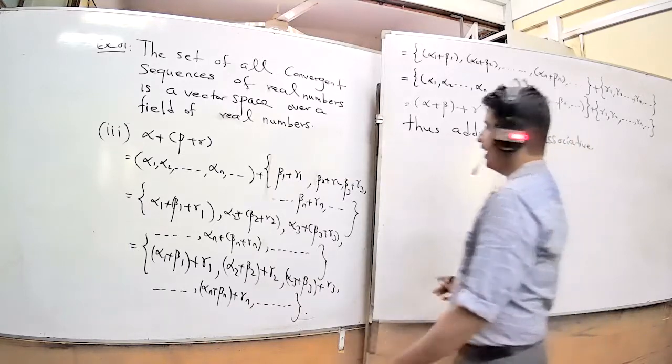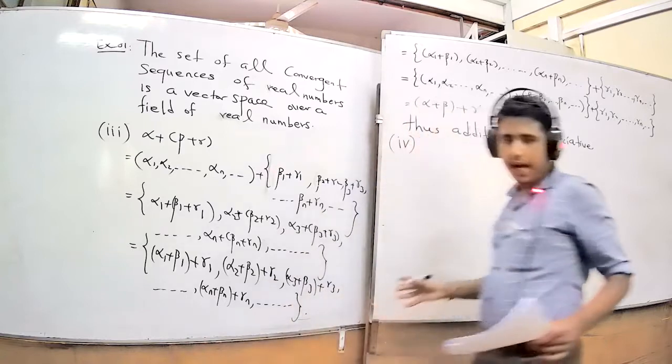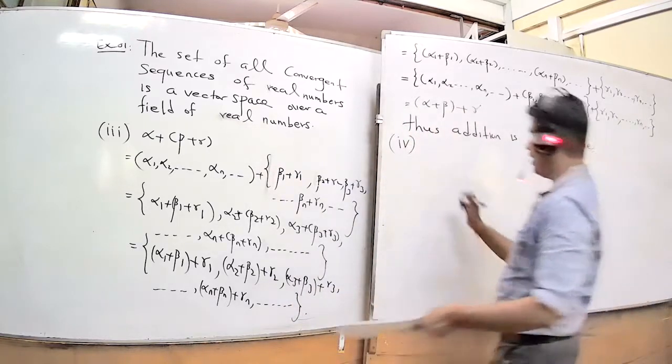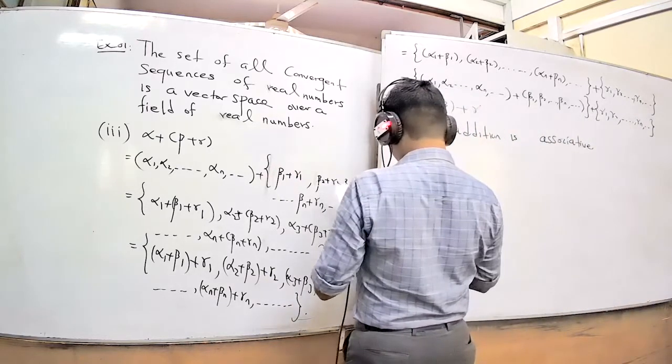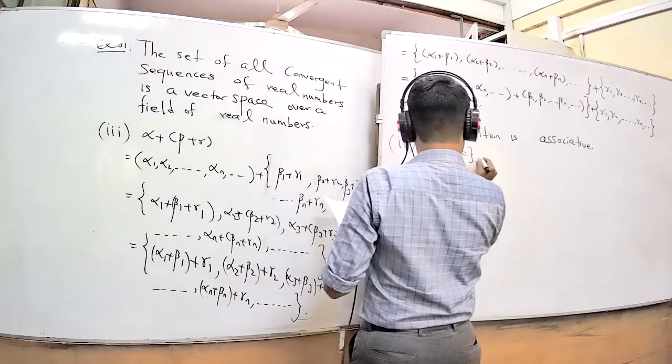Next, for the identity sequence, the set of all identity sequences is of this form. You take alpha plus this sequence.